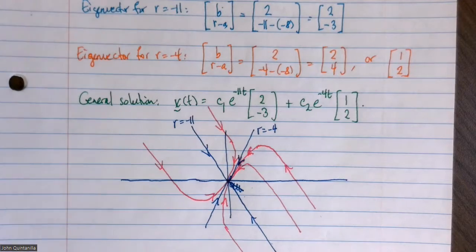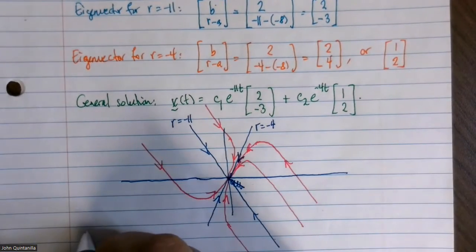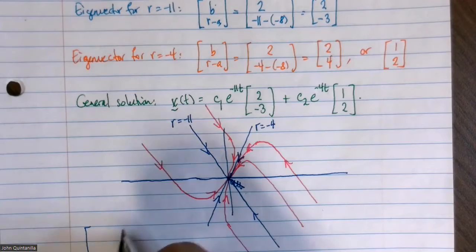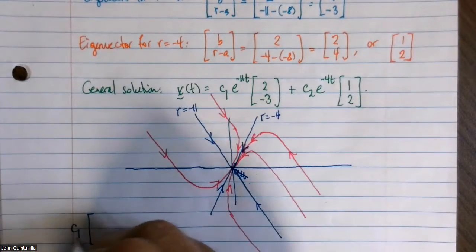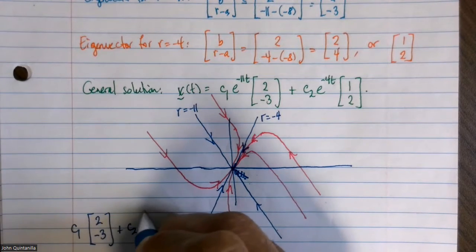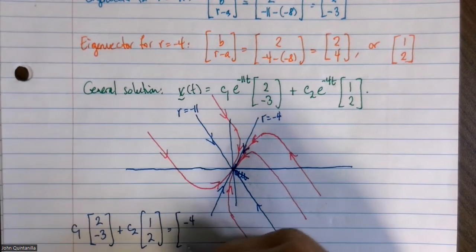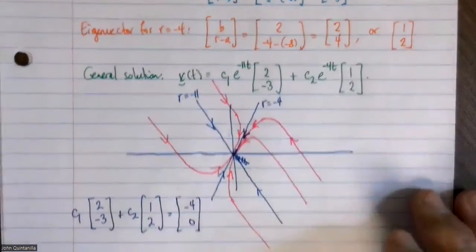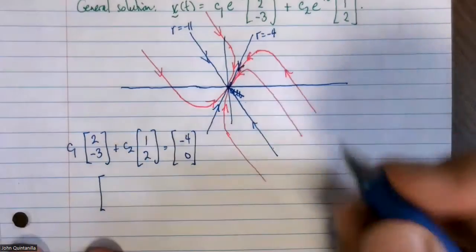Now we solve for the particular solution, or solve the initial value problem. When I have t equal to 0, I would have c1 times (2, -3) plus c2 times (1, 2) equal to the initial value of (-4, 0). Now, there are several ways that this can be solved. The technique that I will use is an augmented matrix.